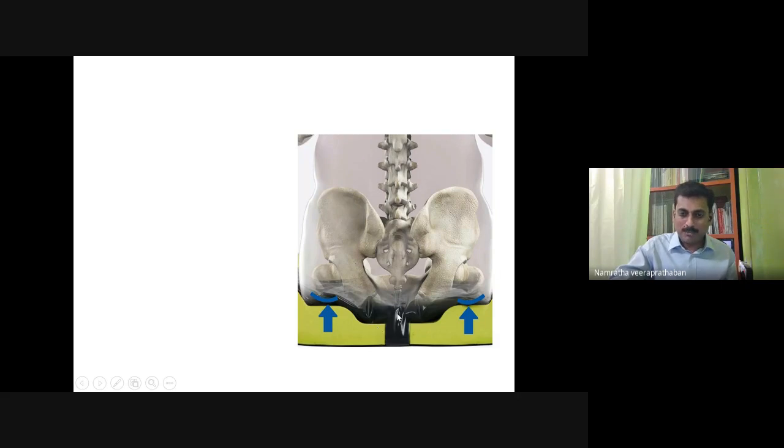If you position the pelvis properly, put the hip belt on top of the ASIS, provide stability, and give a proper backrest along with that, you can prevent sliding. So it depends on the cushion where the pelvis is seated.